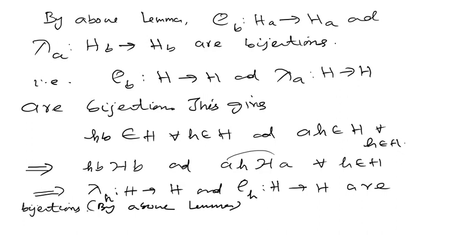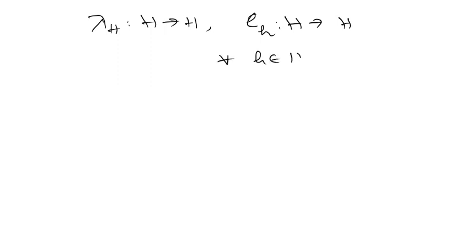But what is the definition of lambda h? That's important here. So this lambda h is a bijection from H to H, and this one rho h is also a bijection from H to H. These are bijections for all h in H.